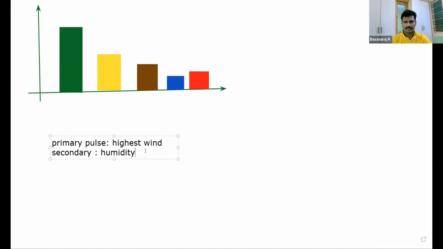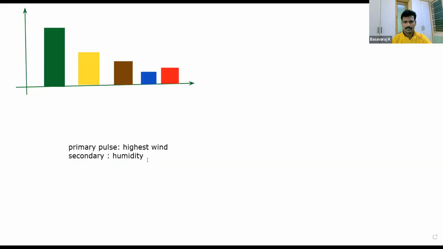And there is a third pulse, dryness. These are the 3 pulses we normally give importance to.